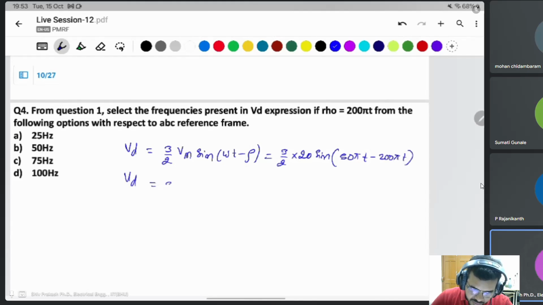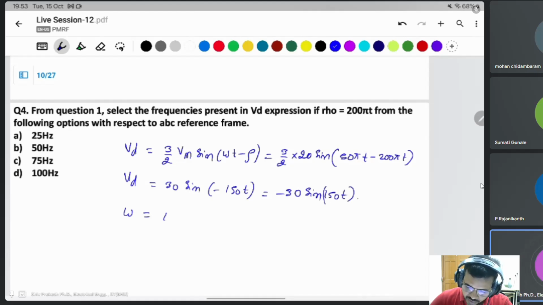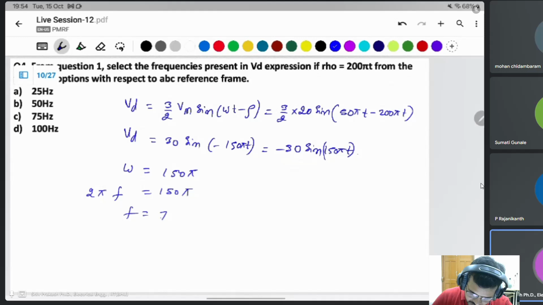Vd is equal to 30 sin of minus 150 pi t. Sin minus theta is equal to minus sin theta. Here omega is 150 pi, not 150 t, and omega is equal to 2 pi f. Pi cancels out, f is half of this, 75.